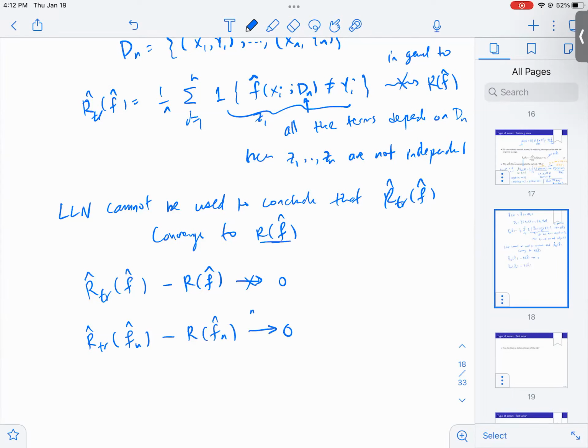We hope that this goes to 0 as n goes to infinity, but it is not going to. The reason is that all these errors I'm calculating are random variables, binary, but they depend on the entire data set because the rule depends on the entire data set.